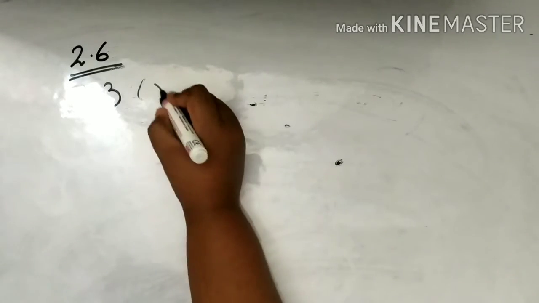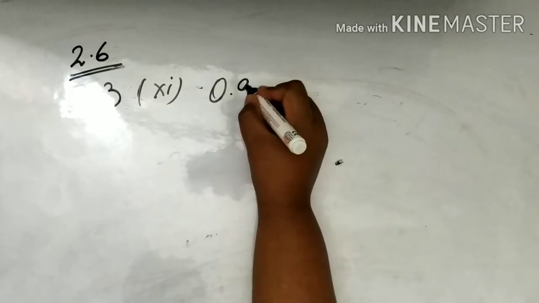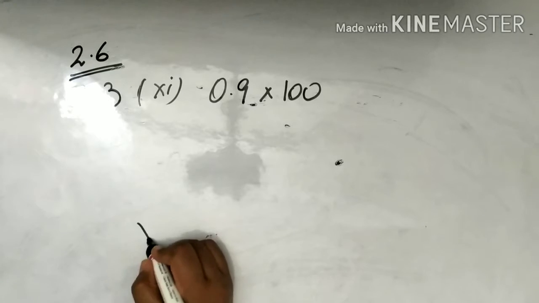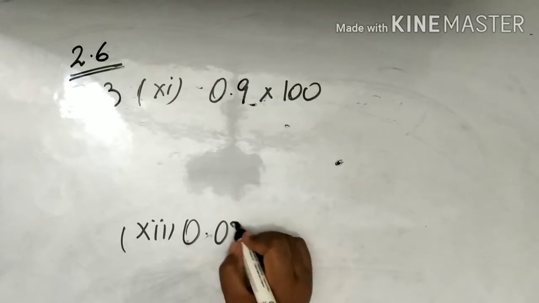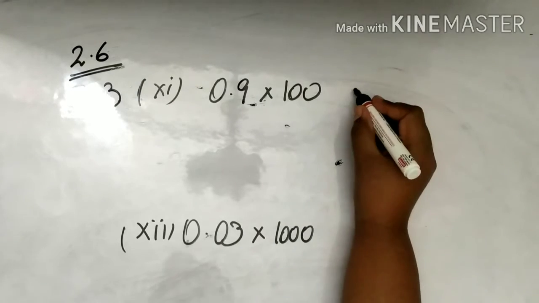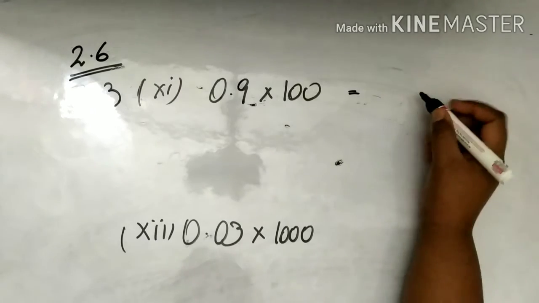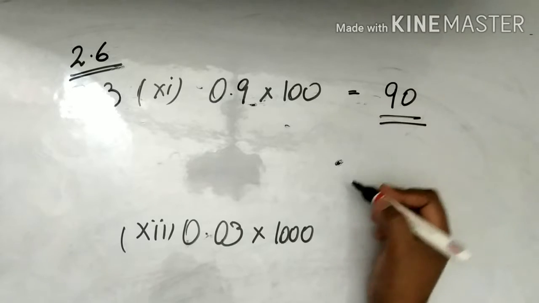Let's see the 11th problem, right? So it is 0.9 into 100, and then the 12th problem, that is 0.03 into 1000, right? So 0.9 into 100 can be written as 90, right?